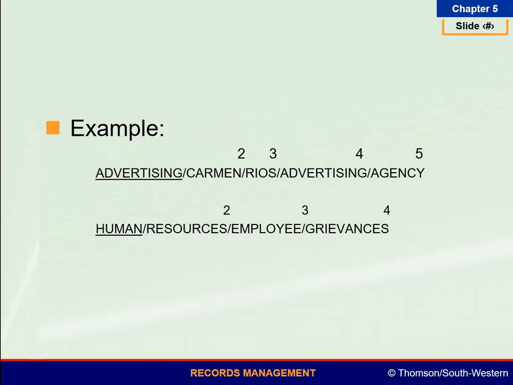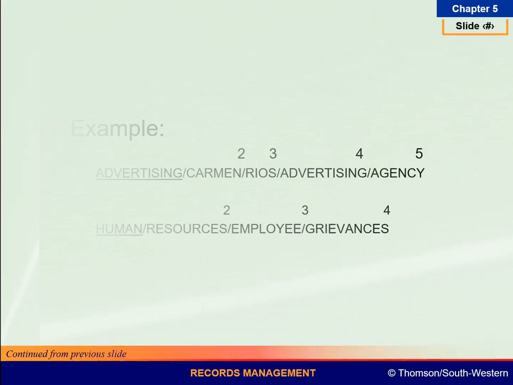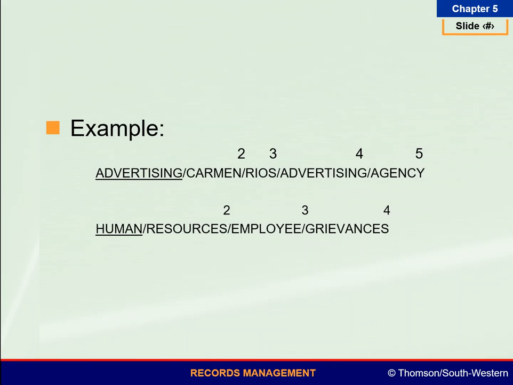So this is an example of the topic that we are going to arrange. We can see that for advertising, Carmen Rios Advertising Agency, the first unit is the key unit, then the second unit, the third, the fourth, and the fifth unit.